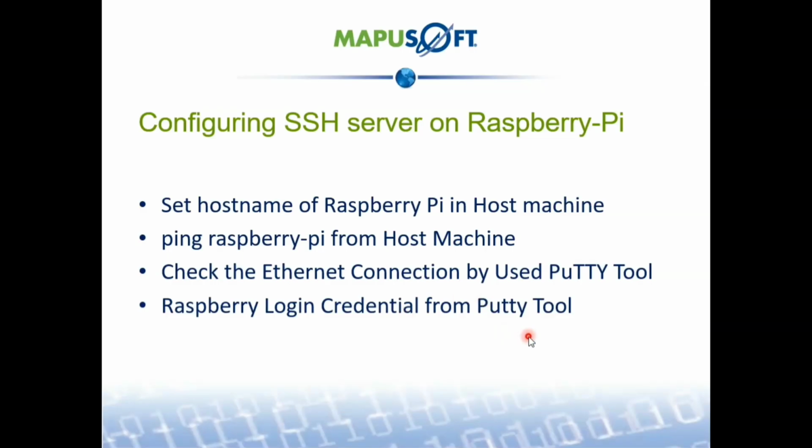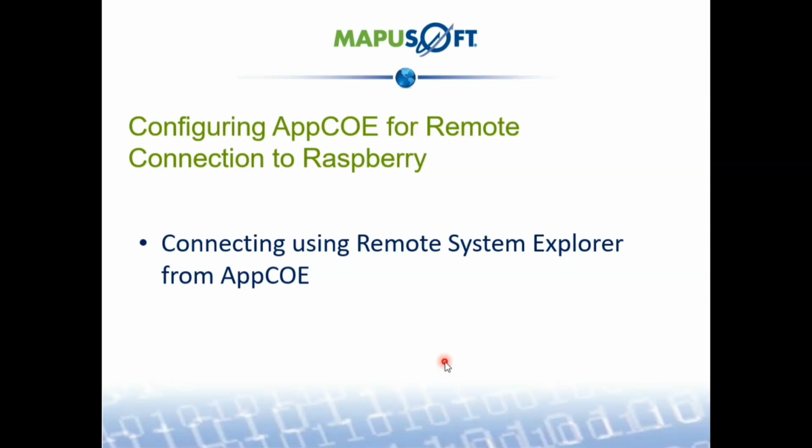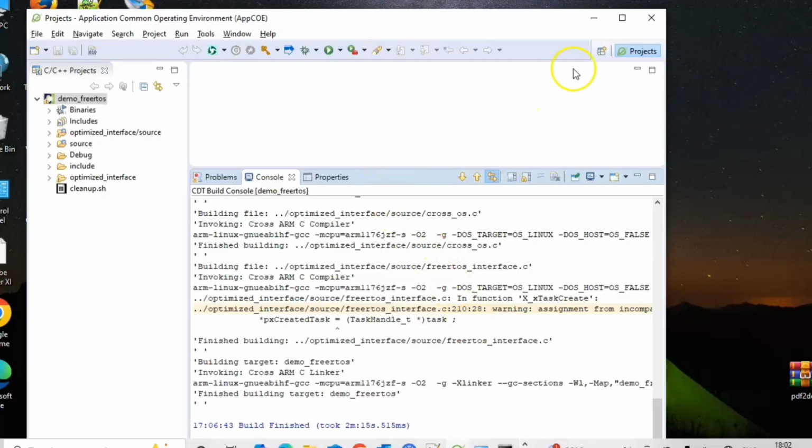Okay, all this is done for configuring the SSH server on Raspberry Pi. So next, configuring AppCOE for remote connection to Raspberry. So here we're going to connect using Remote System Explorer. So after installing plugins, we got this Remote System Explorer icon. So using that, we're going to connect from AppCOE. Okay, let's come to AppCOE.